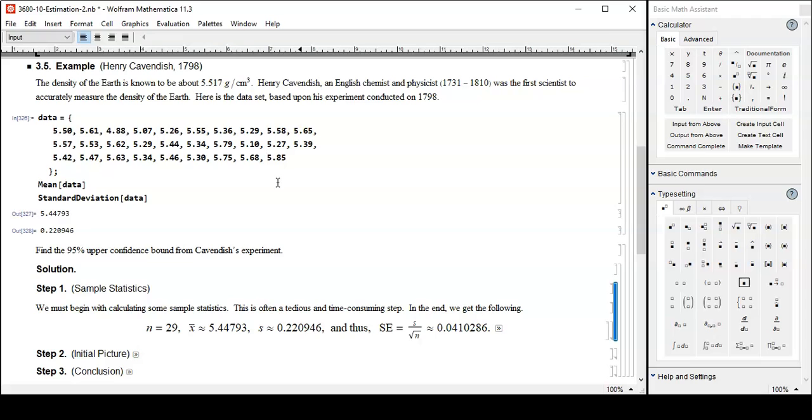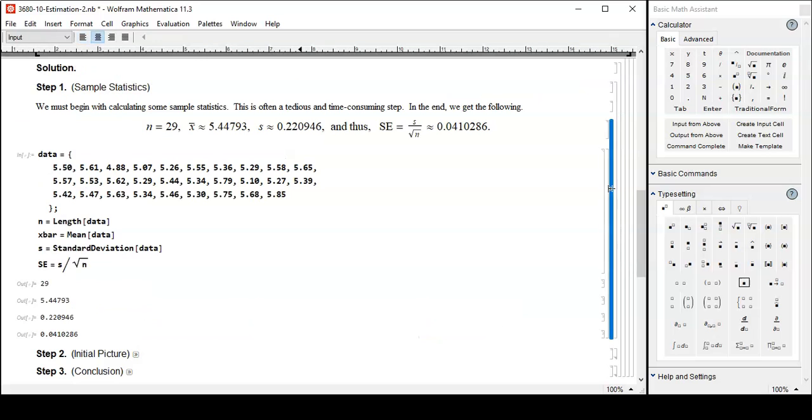There are 29 measurements, so the degree of freedom is n minus 1, which is 28. And then the mean is 5.44793, and the sample standard deviation is 0.22 something. And the standard error is s over square root of n, 0.041 something. This is something we are going to be using.